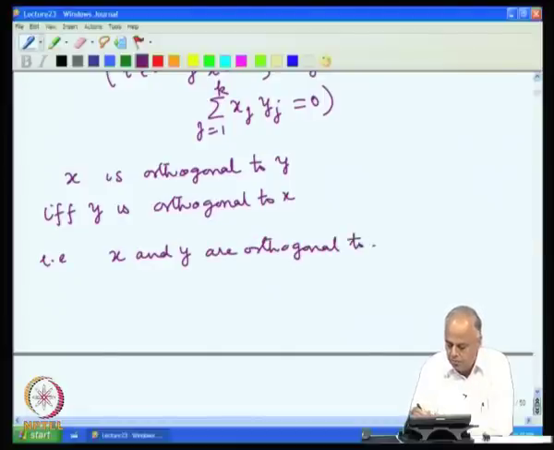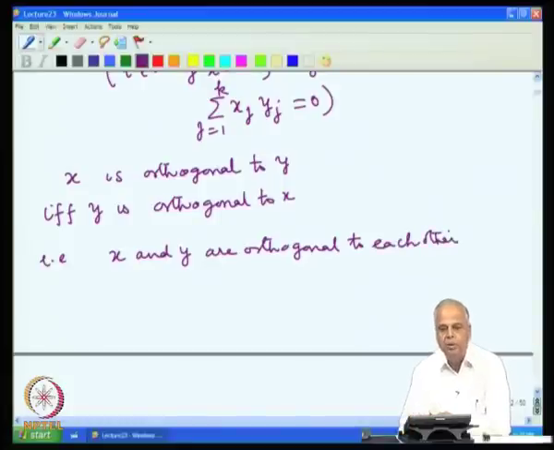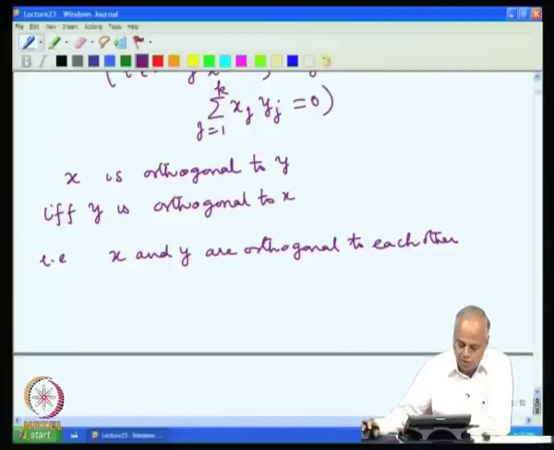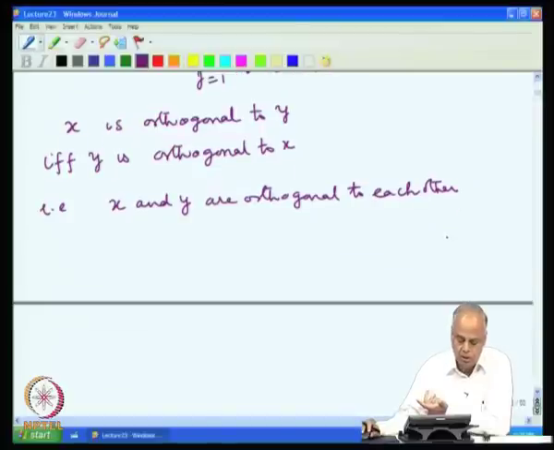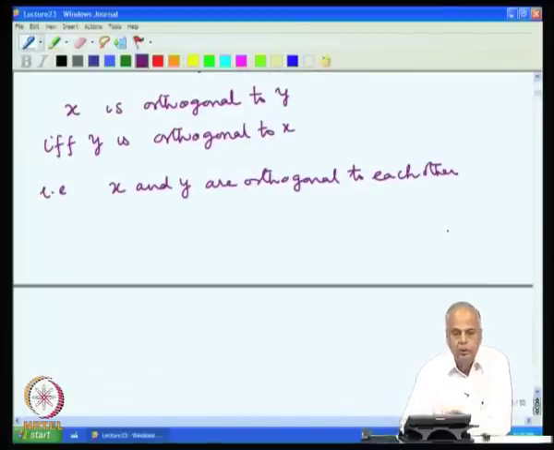So, the orthogonality comes from the fact that the inner product is 0. The inner product induces the notion of orthogonality, and orthogonality is a geometric notion.